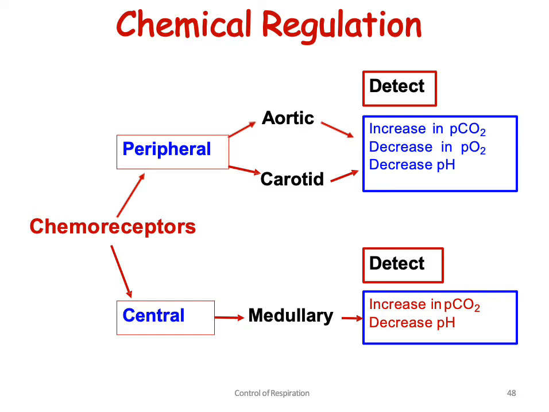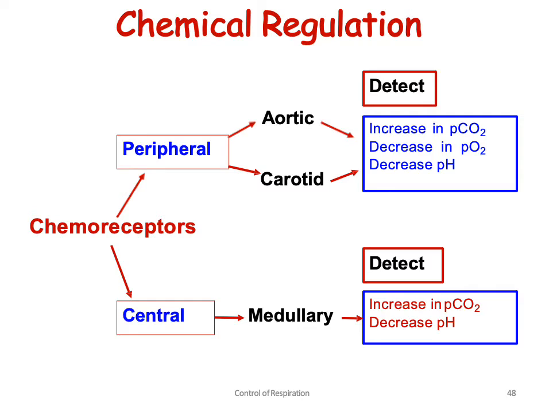The carotid and aortic bodies will detect changes in the partial pressure of carbon dioxide as well as oxygen, and also changes in pH. The chemoreceptors in the medulla are sensitive to changes in partial pressure of carbon dioxide and pH.